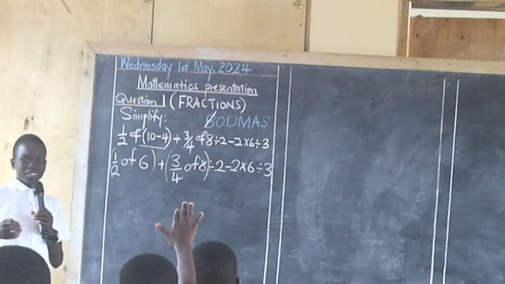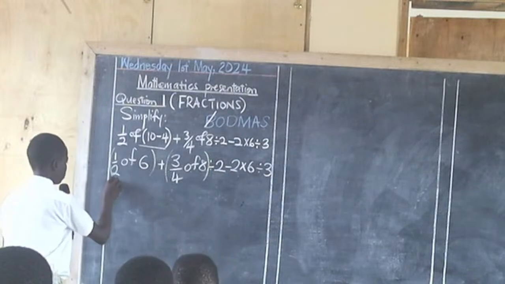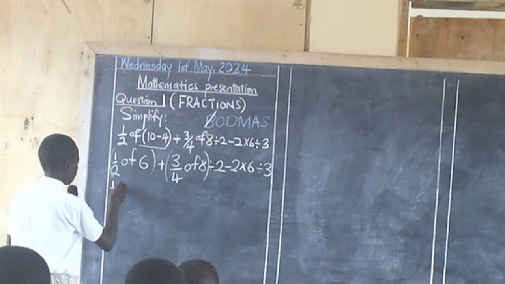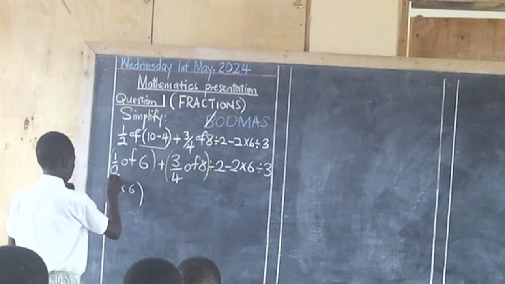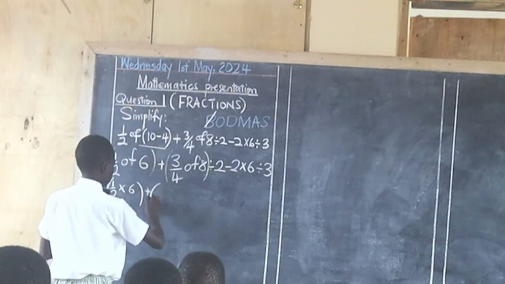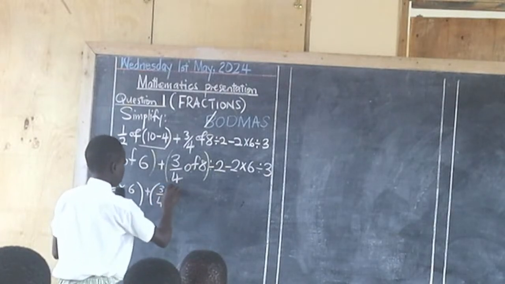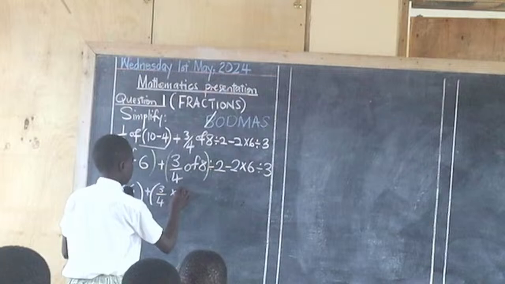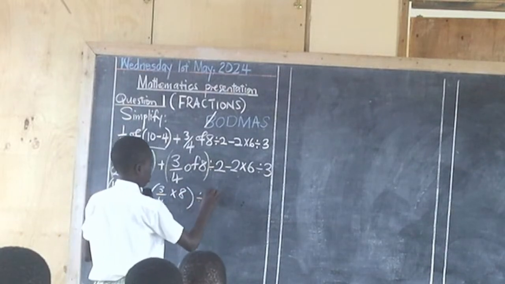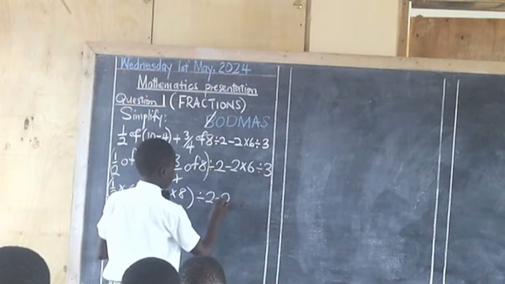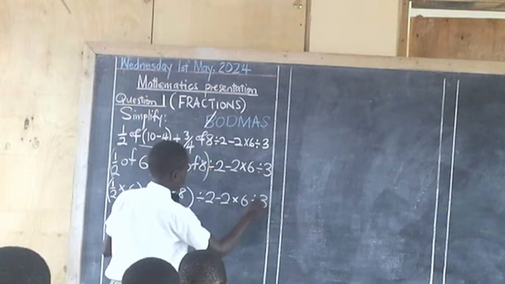We all know it means multiplication. So we copy down: a half times 6 plus 3/4 multiply by 8 divide by 2 minus 2 multiply by 6 divide by 3.